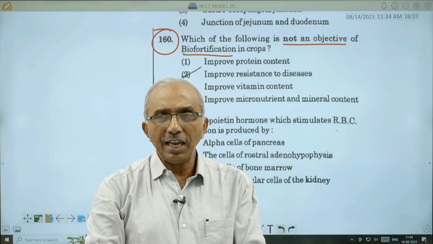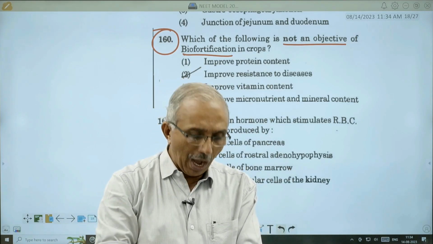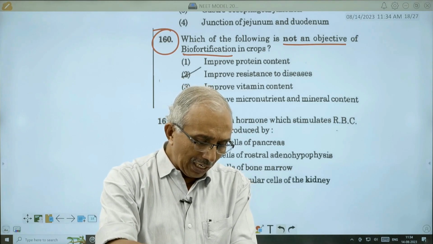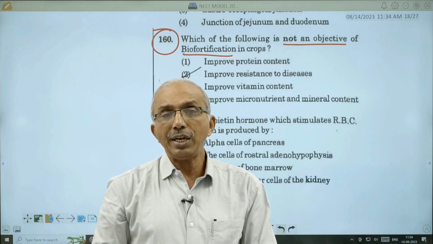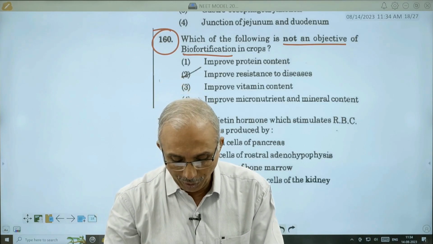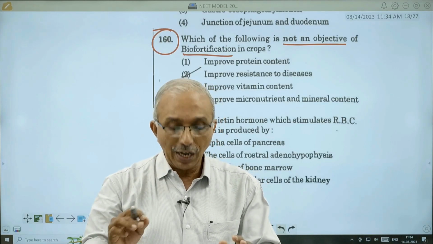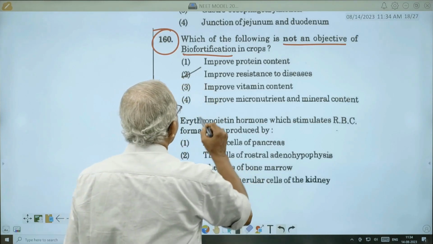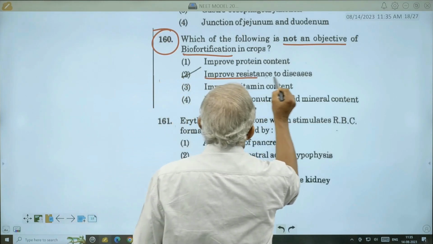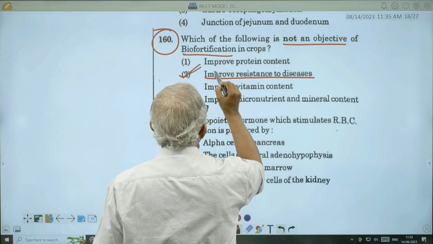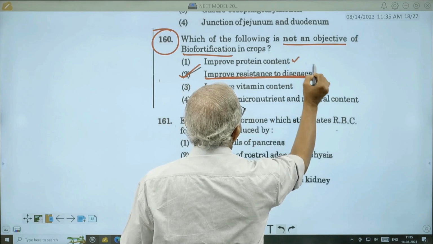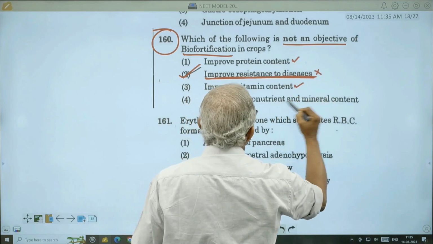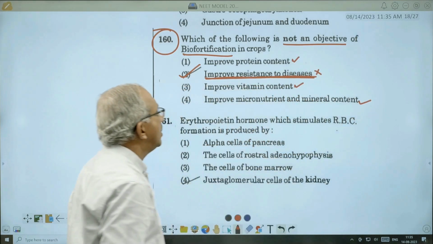Biofortification is a plant breeding program in which nutritional quality of the crop is improved. So what is not an objective? Biofortification does not aim this. This is correct.